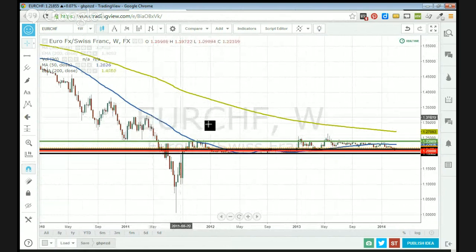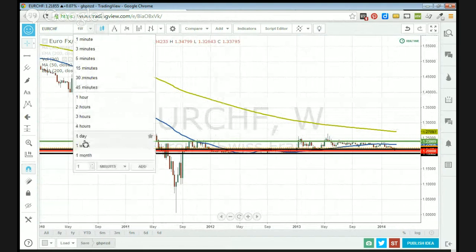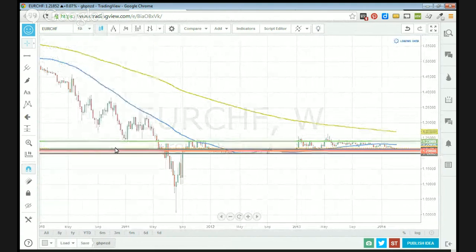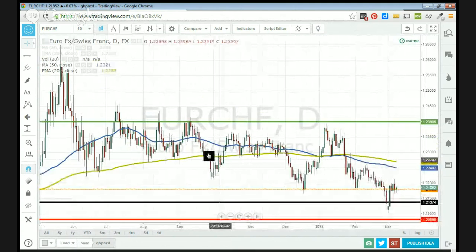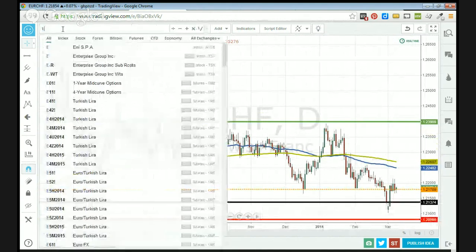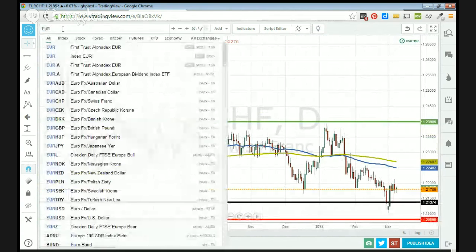I'm interested in going long, but I don't think I'm going to change my order. I think I want it to fall down here, 21.37. If it doesn't fall there, I don't think I'll get filled. I very rarely trade Euro Swiss. In fact, I don't recall the last time I put on a Euro Swiss order.